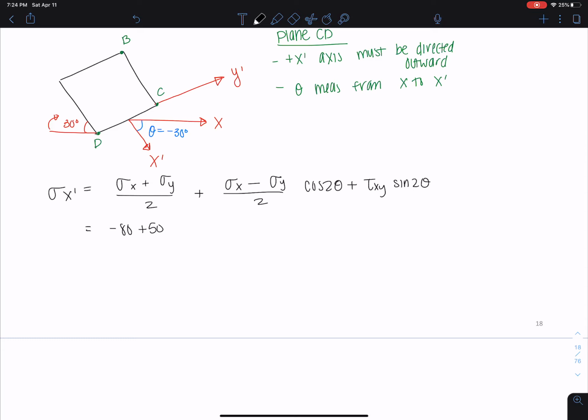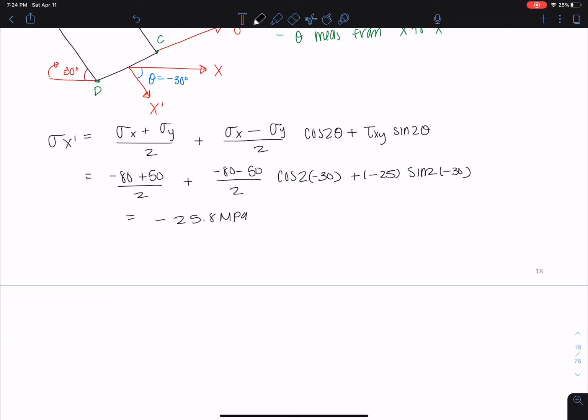And now I just get to plug in directly the values I had defined with the signs that come along with them. Okay, so that's our sigma x prime.